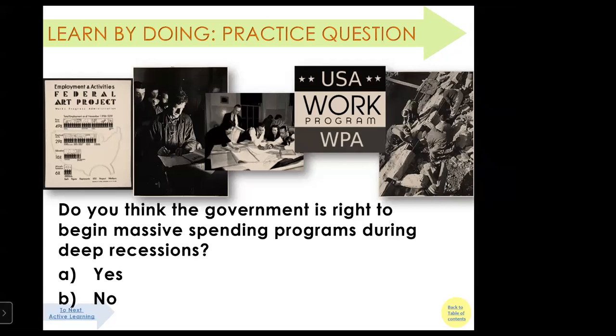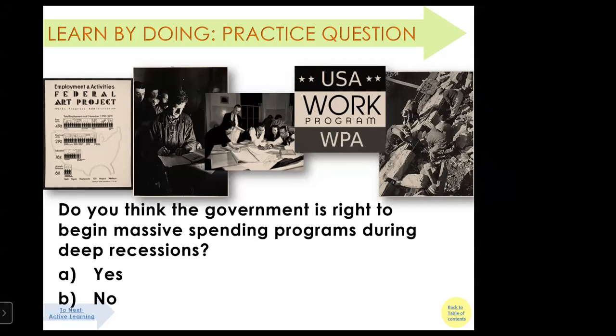Now let's look at these practice questions. Do you think the government is right to begin a massive spending program during a deep recession? What are examples of deep recession? 1929, we have the Great Depression. 2020, we have the great lockdown, and the economy is in a deep recession.